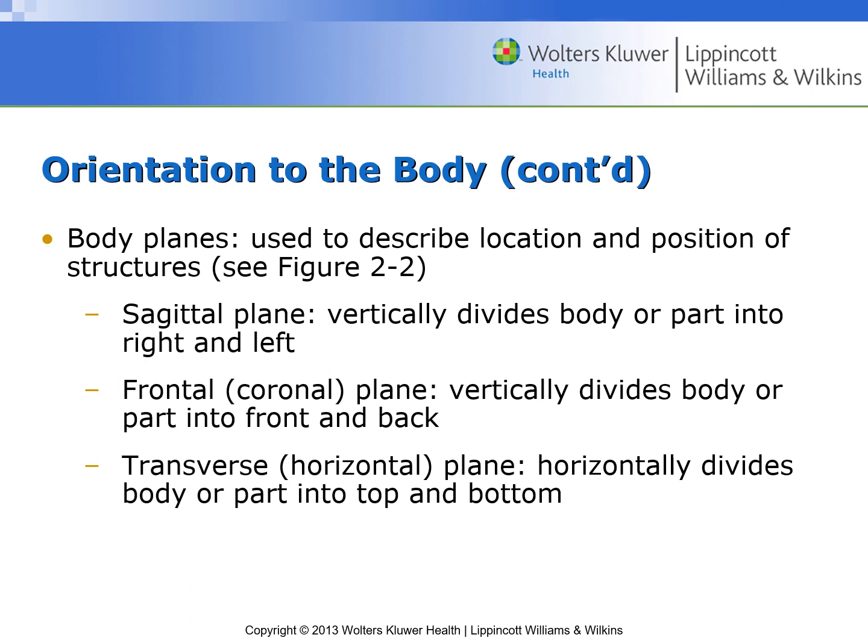The frontal or coronal plane vertically divides the body or part of the body into front and back. Then we have what's referred to as the transverse or horizontal plane. It horizontally divides the body or part of the body into a top and a bottom.